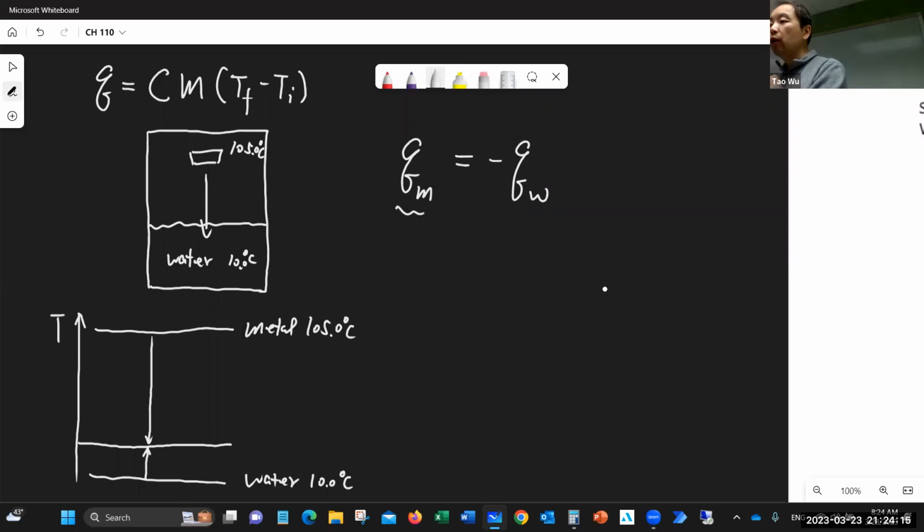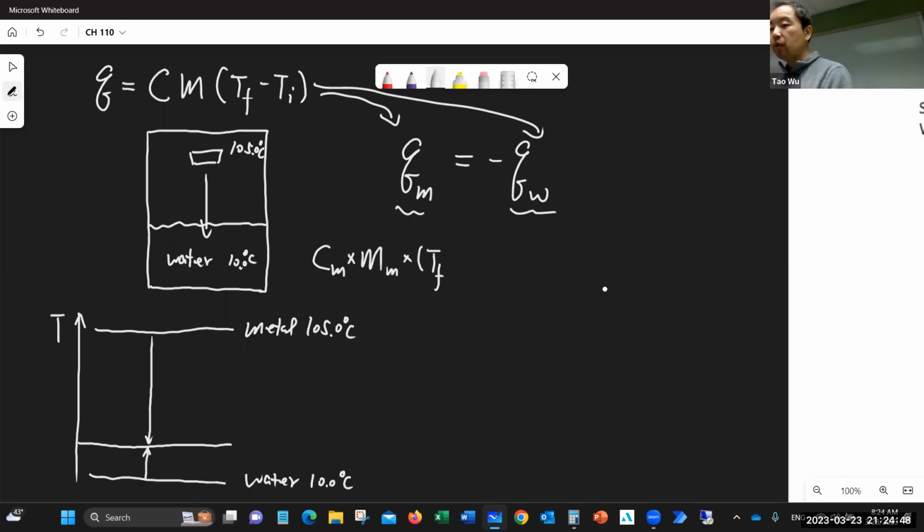So based on this, we can apply this equation to both objects, water and metal. As long as we know the specific heat of the metal, the mass of the metal, and the change of temperature for the metal, we can write the specific heat of the metal, multiplied by the mass of the metal, times the final temperature.